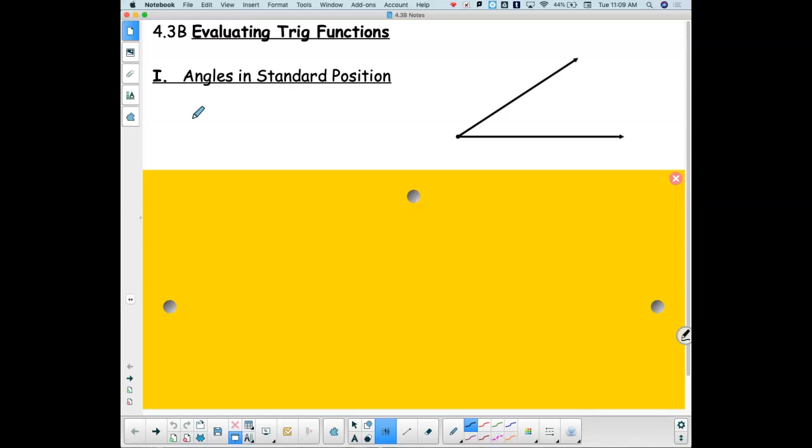Okay? All right. So, we need to talk about reference angles, and before we get to that, we have to first talk about what an angle in standard position is. An angle in standard position has its vertex at the origin.